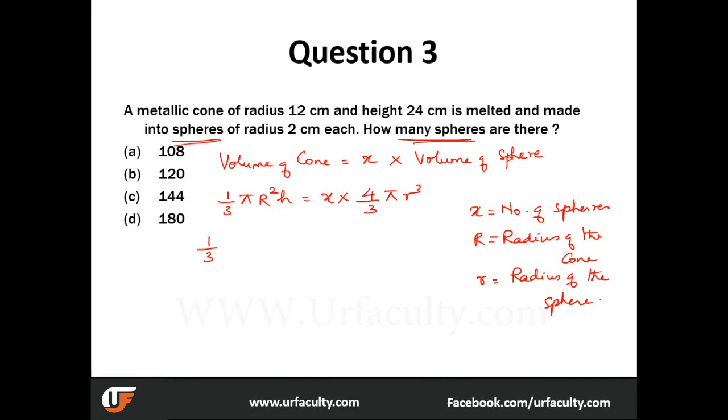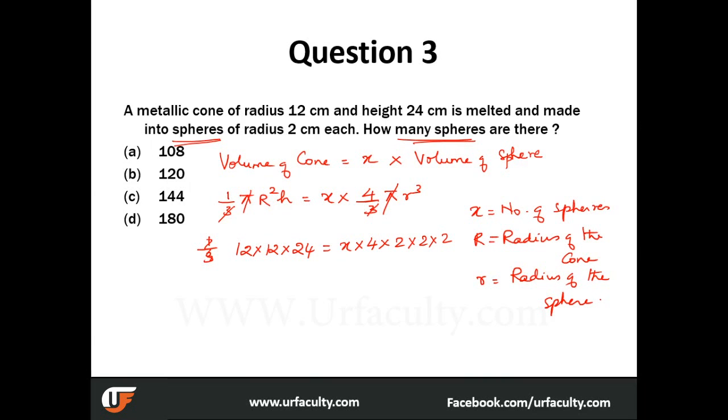So 1 by 3 into, you can cancel this pi off. You can actually cancel this 3 also. So what is r square here? It is 12 into 12. And what is h? 24 is equal to x into 4 into, what is r cube? 2 into 2 into 2.